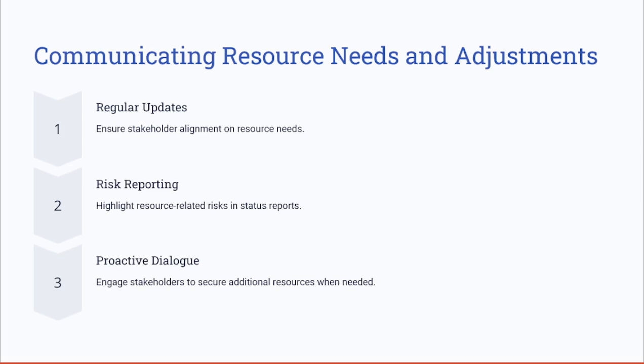Ensure having an engagement and a proactive dialogue to secure the additional resources when needed. So these are the techniques used when communicating the resource needs and adjustments to ensure that you have an efficient resource adjustment.